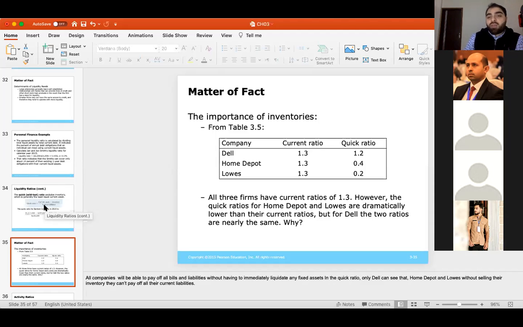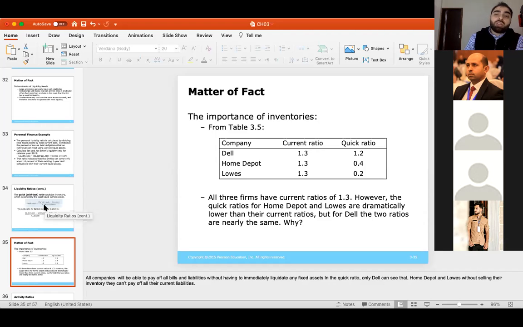In that case, if I ask you which company can settle or pay off its current liabilities more quickly? According to the current ratio, we can't judge.